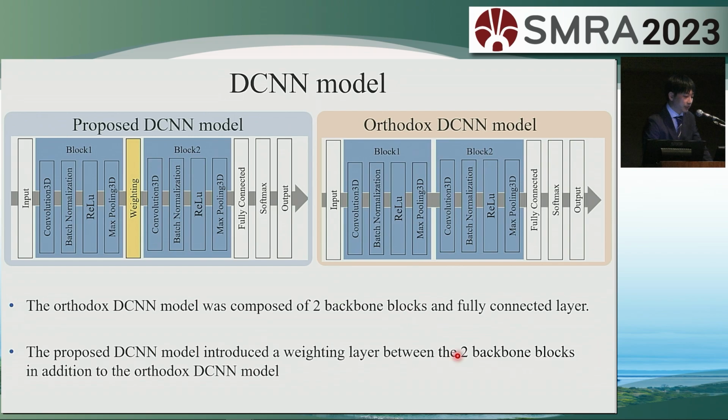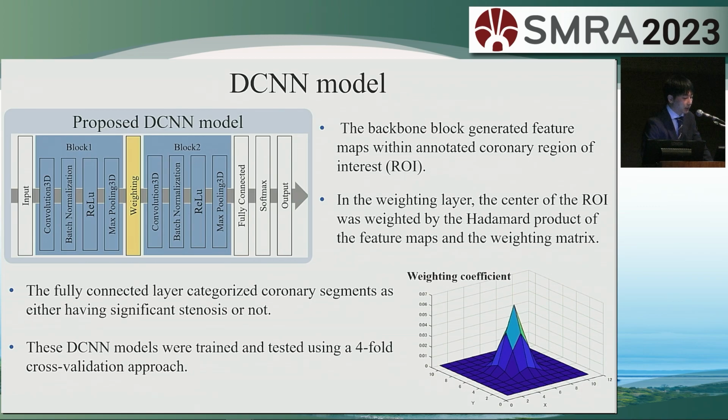The orthodox DCNN was composed of two backbone blocks and a fully connected layer. The proposed DCNN model introduced a weighting layer between the two backbone blocks in addition to the orthodox DCNN model. The backbone block generated feature maps with the annotated coronary region of interest.